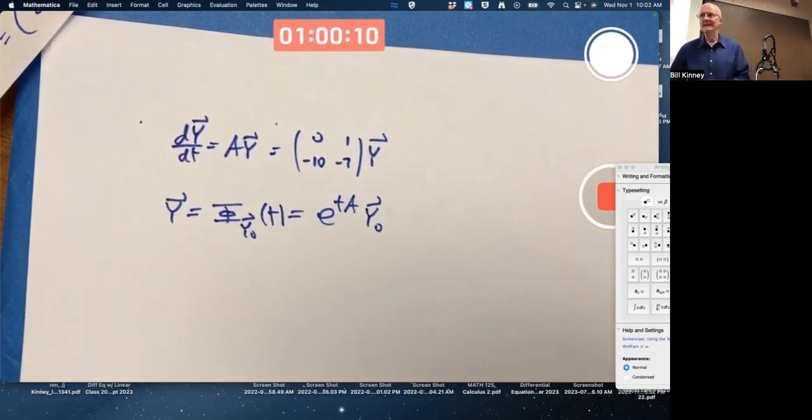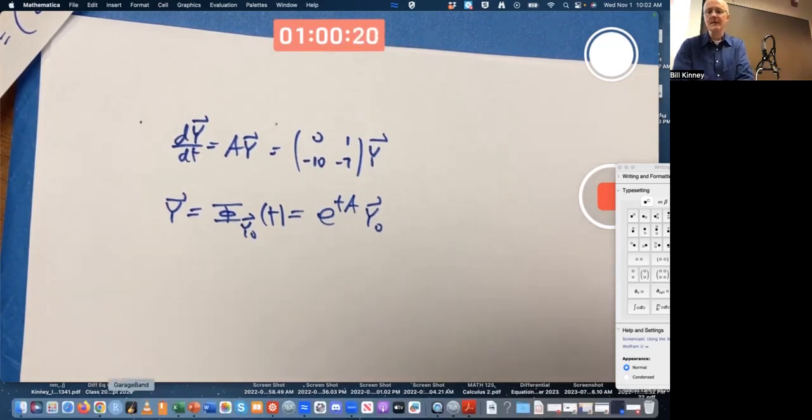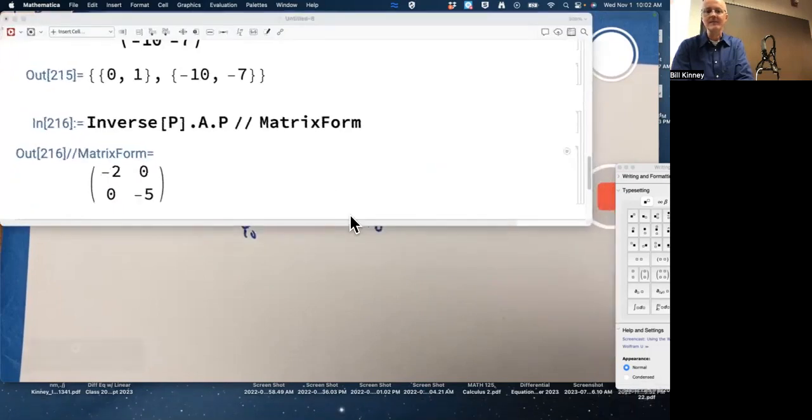That's something I've emphasized a ton, but so far we've had to rely on technology to actually compute it, to actually verify that it works. Let's continue to do that.